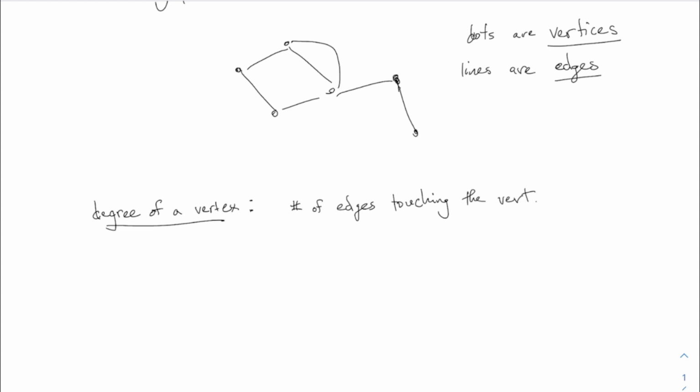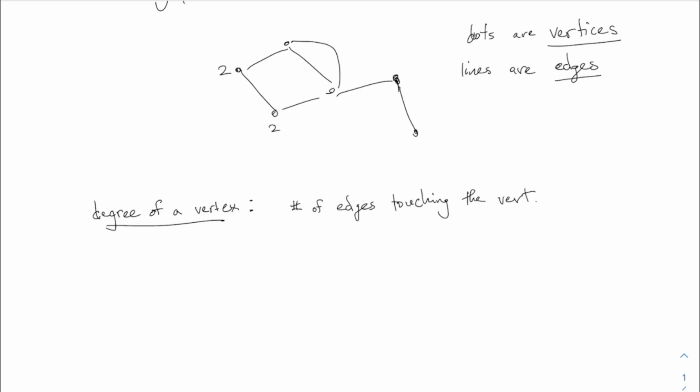Sometimes I'm going to write vert for vertex. So anyway, on this picture here, this vertex here has 2 edges, so its degree is 2. Maybe I'll just write the degree next to each vertex. Its degree is just how many edges are touching that vertex. The one down here, this degree is also 2, because I see 2 edges touching that vertex.